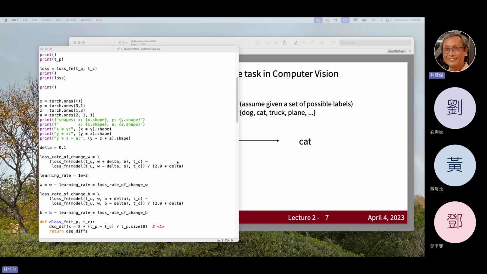So the delta here could be initially set to 0.1. It means that whatever the difference is between these two values, let's see. One is going to be W plus delta, the other one is W minus delta.